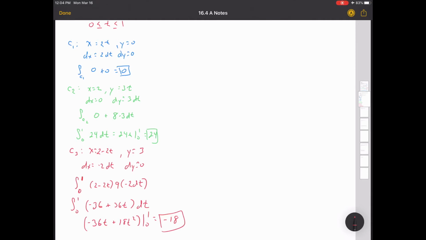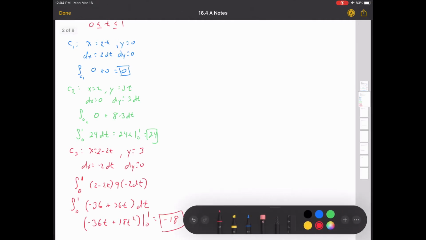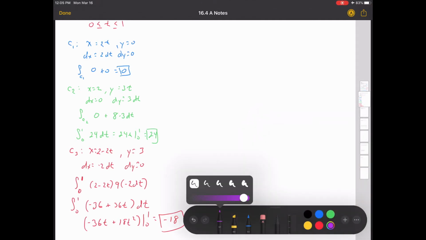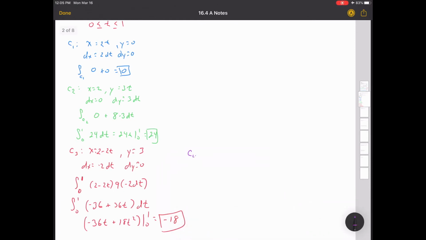All right, C4. You know what, let's try a new color. Let's try purple. See how that works. All right, so let's do C4 down here. So let's check out what C4 is doing.